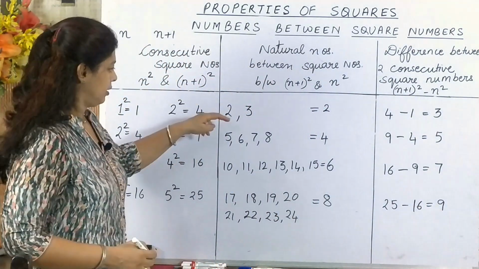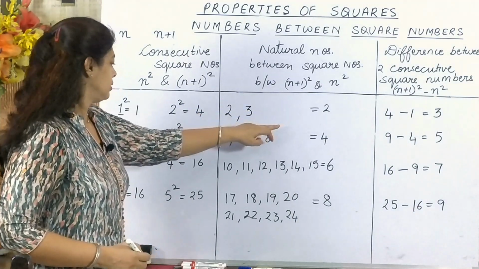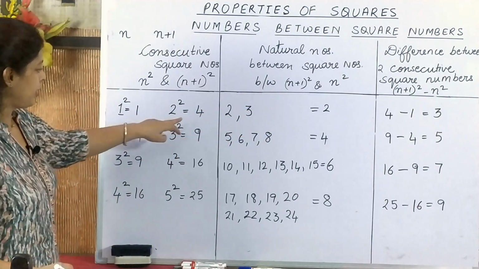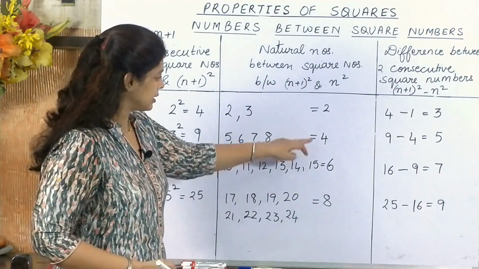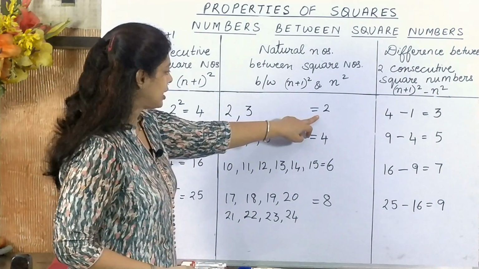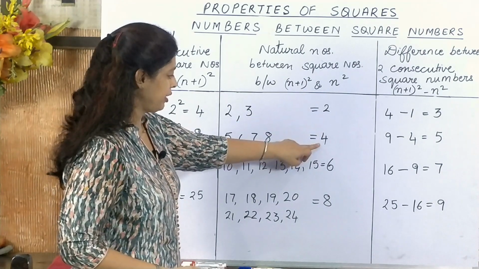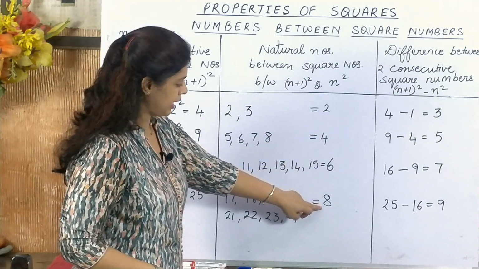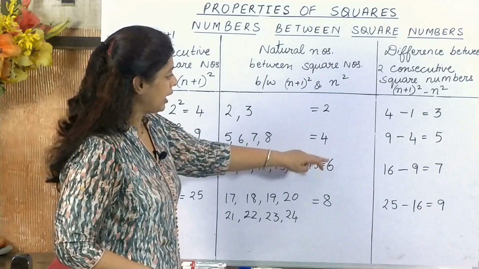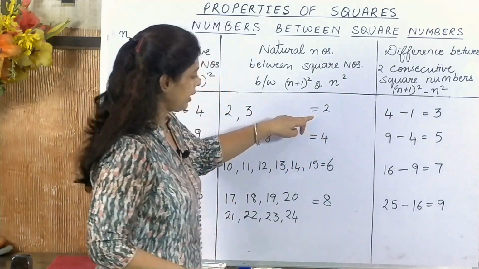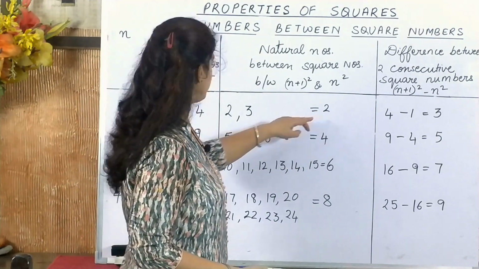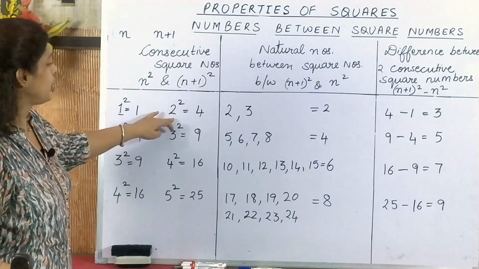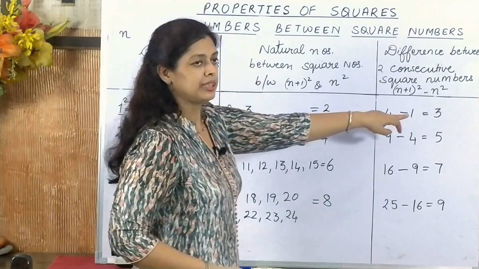So we see that the numbers between the two perfect square numbers go on increasing as the number increases. Between 2 square and 1 square we have 2 numbers, then we have 4, then we have 6, and then we have 8. And the difference is 1 more than the numbers between the two perfect square numbers. If the numbers between 1 square and 2 square are 2, the difference is 3.